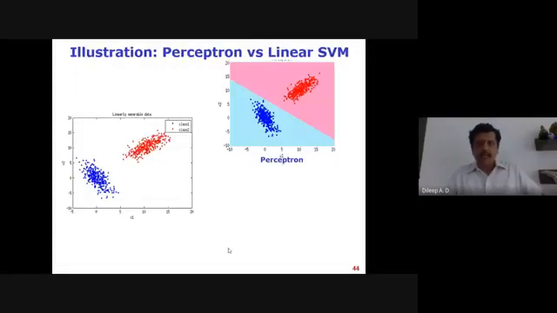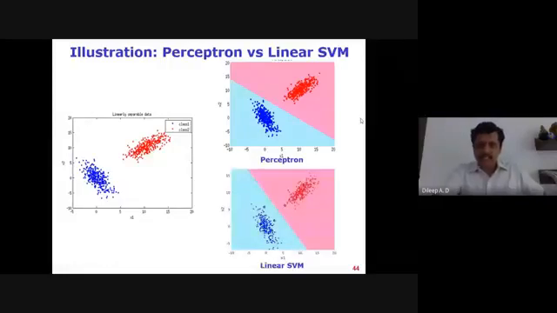This is the data belonging to the two classes, and this is the region of separation between the two classes obtained from the perceptron. It is not guaranteed to be in the middle of these two classes. But when I use the same data for the support vector machine, you can see that the decision boundary is in the middle of the two classes.